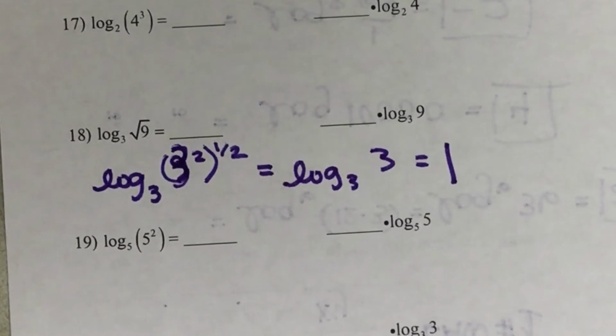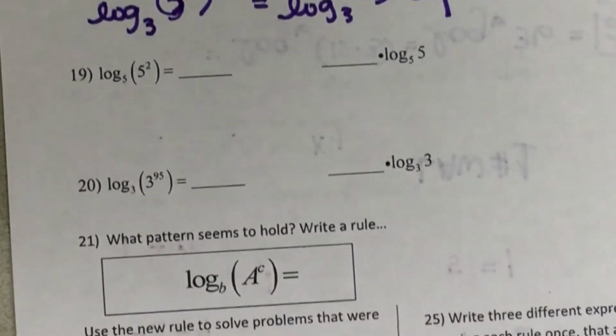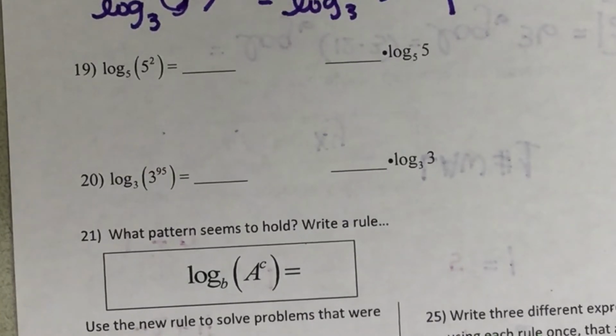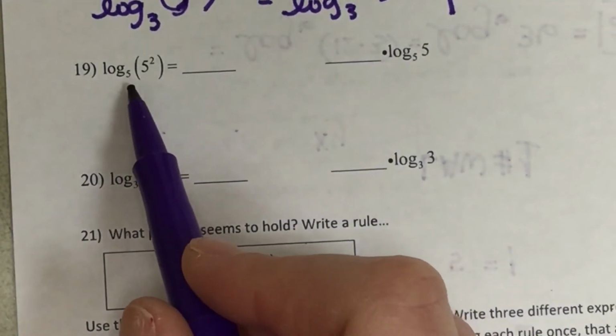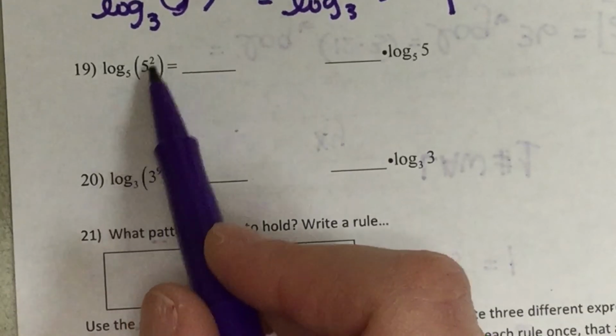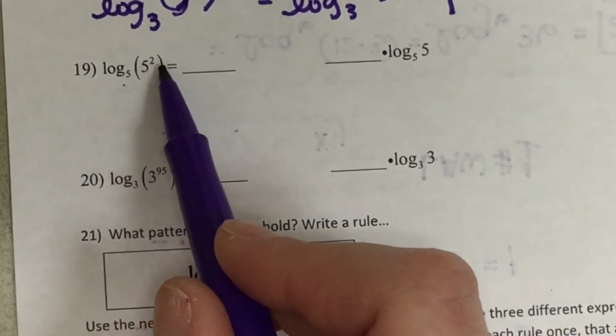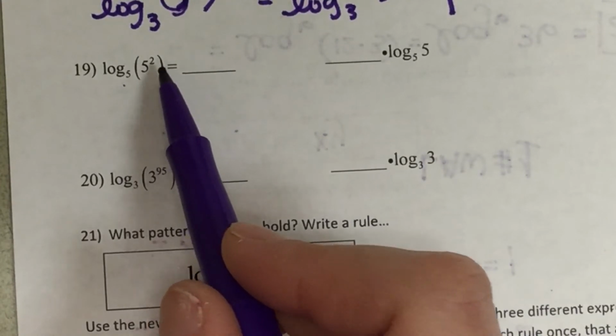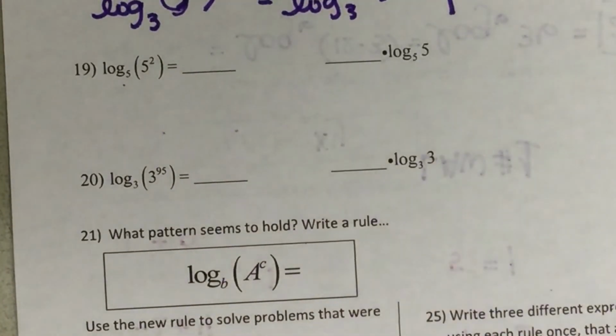Now, when we take a look at a problem like 19, well, in number 19, we already talked about that third property of logs that says if these match, it's going to equal that power. Well, one other thing that I want you guys to see, though, is there's another way to approach this.